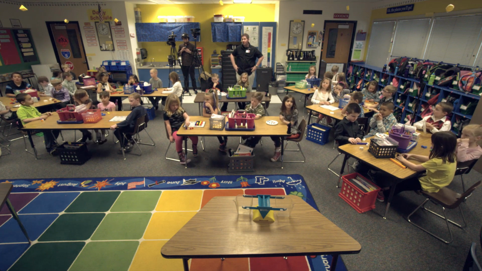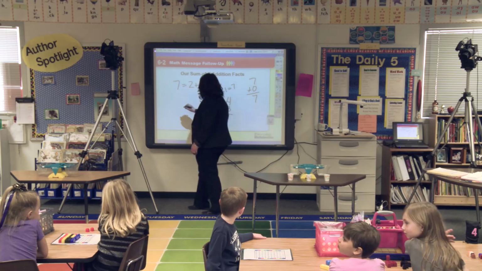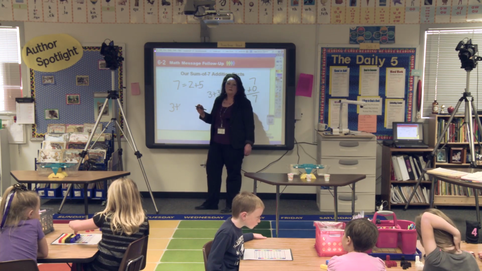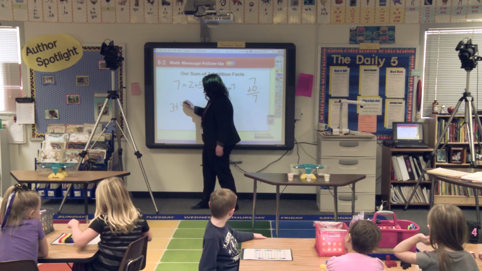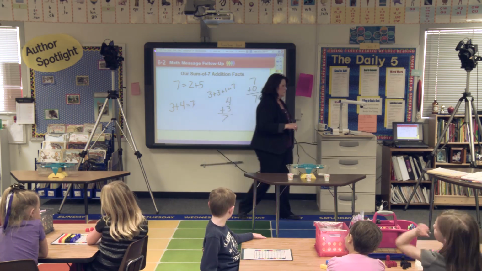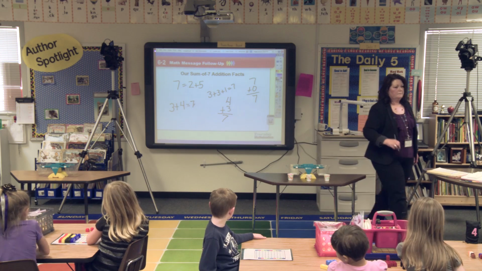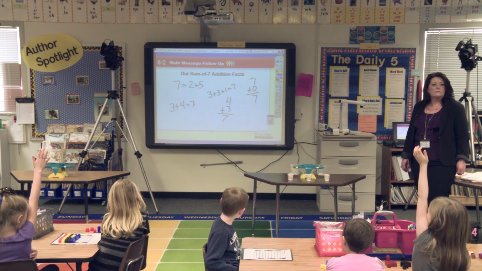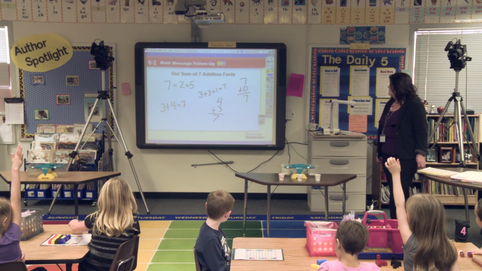So you started at 3. And how many more did you add on? 4. 3 add 4. We see something else that's similar to 3 add 4 on the board. So everyone look at the board, please. I'm doing an eye check on the board. Who's got their eyes on the board? We see another expression up there that's similar.